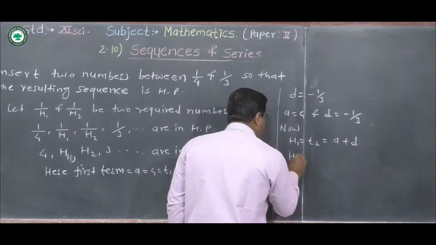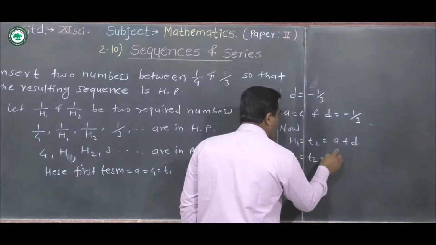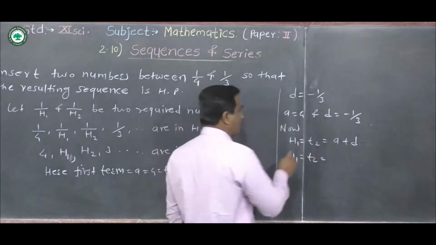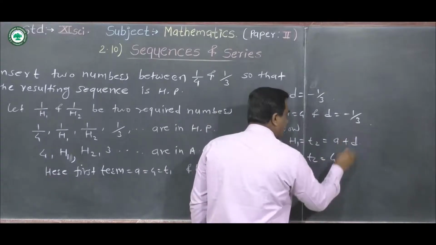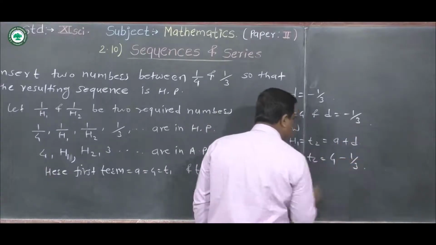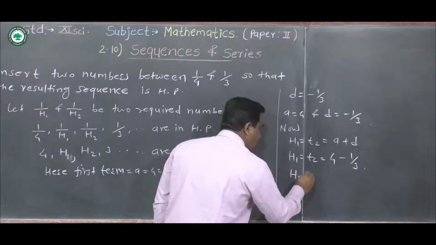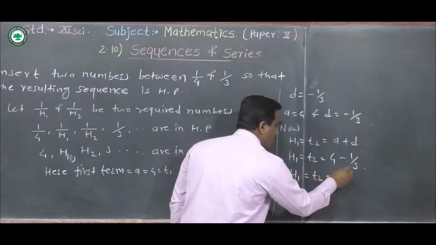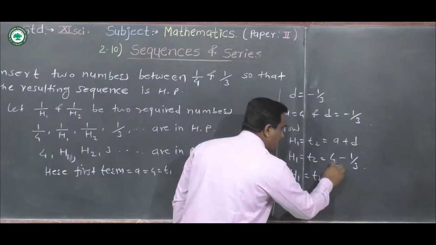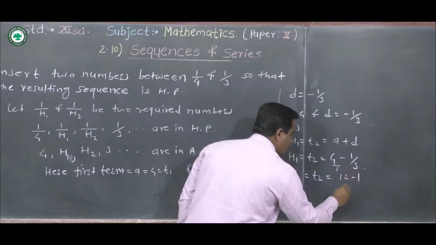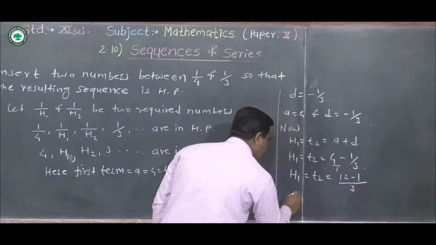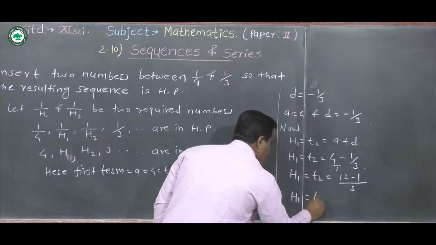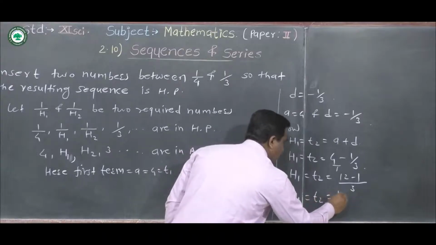Therefore, H1 equal to T2 is equal to, putting values of A and D, A is equal to 4, D is equal to minus 1 by 3. That is, H1 is equal to T2 is equal to, taking addition, 4 into 3, 12, minus 1 upon 3. That is, H1 is equal to T2 is equal to 11 upon 3.